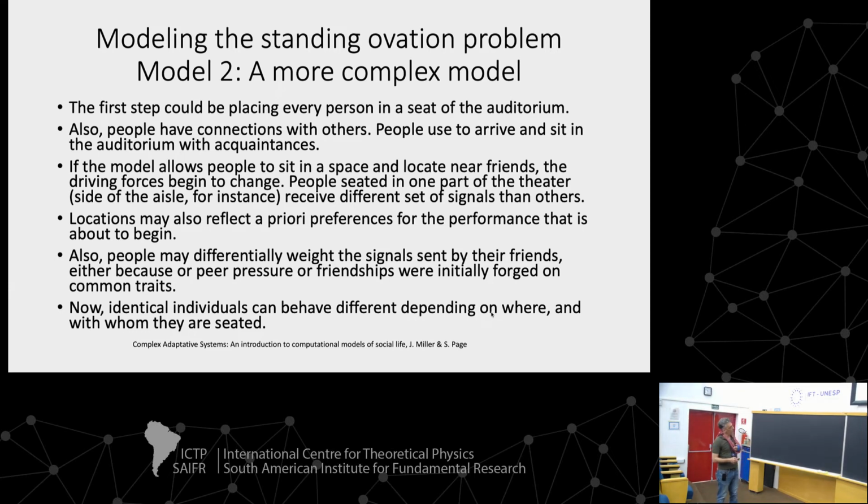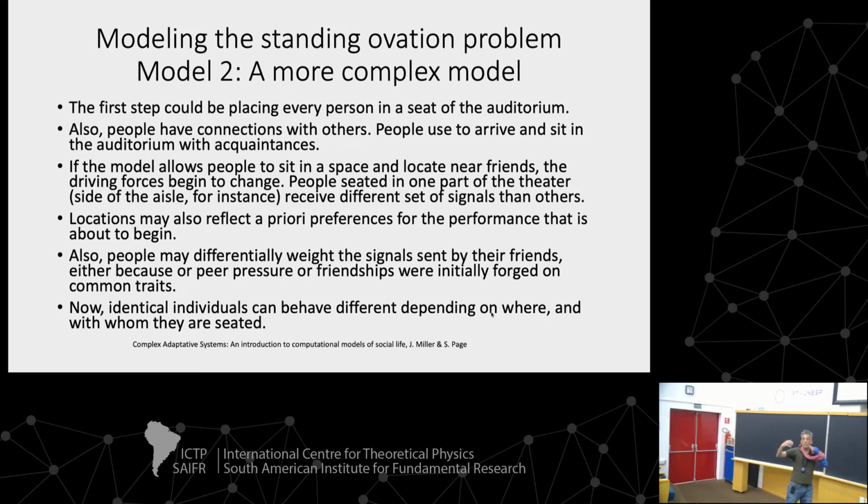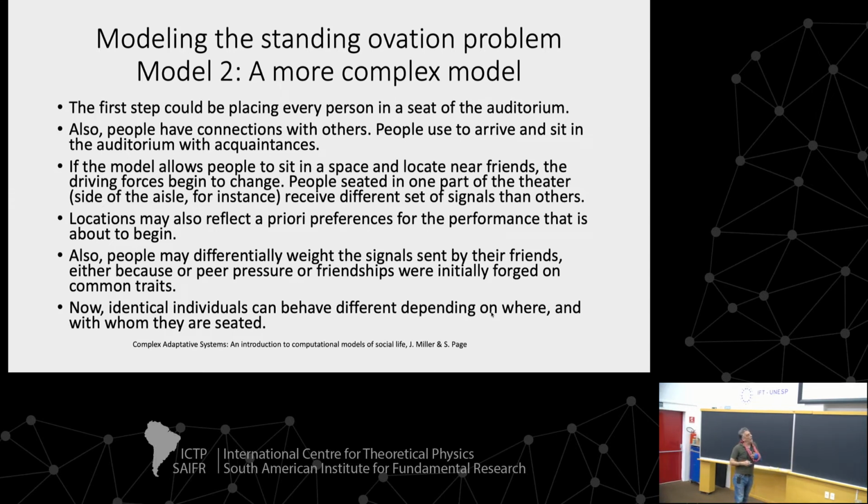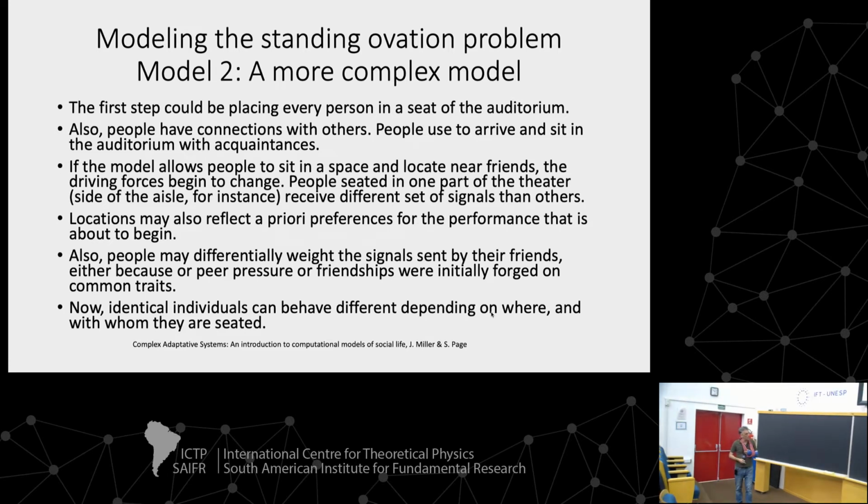So I can put in some spatial structure, and also there can be locations that may reflect preference for the performance, people that maybe are in some part of the auditorium. And I can also add that the interaction among people can have some weight that reflects this degree of heterogeneity in the interaction.